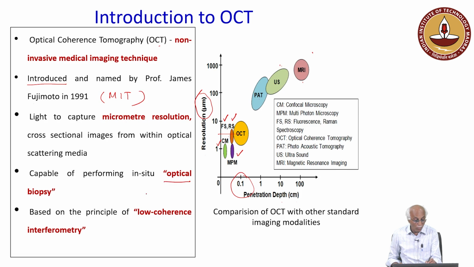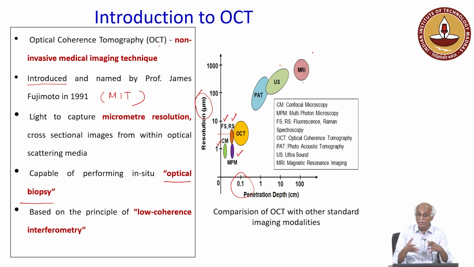Secondly, it is an optical biopsy: you do not have to remove the tissue and see the information under a microscope, you can send the light and get the information layer by layer. Of course, again, depth of penetration may be limited, but it is possible.